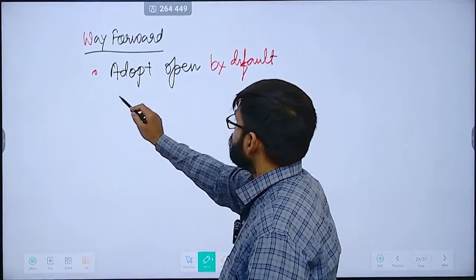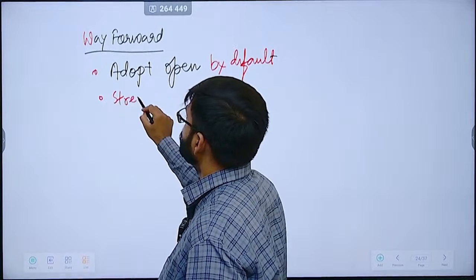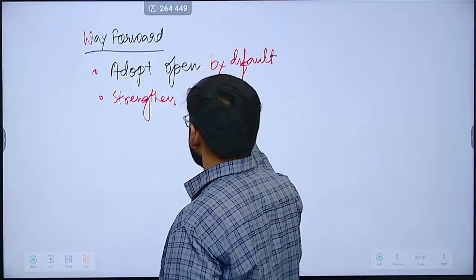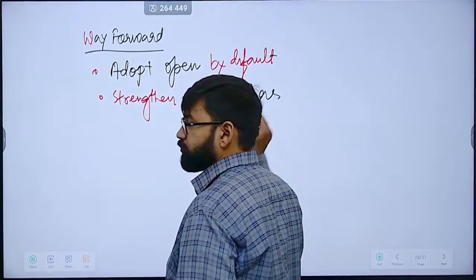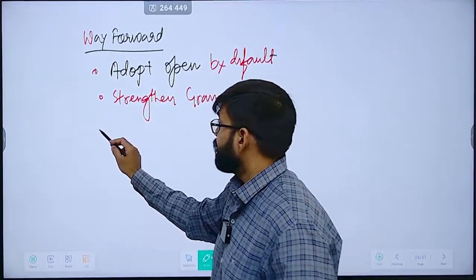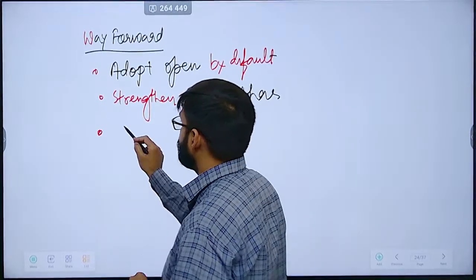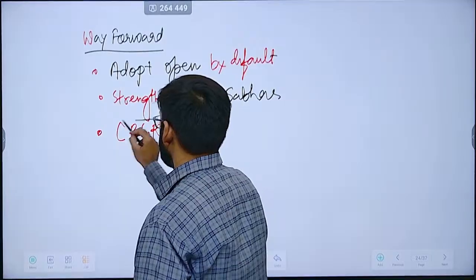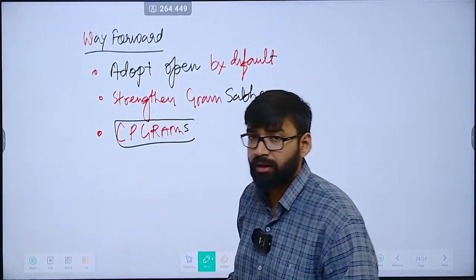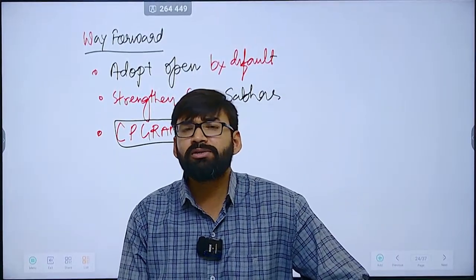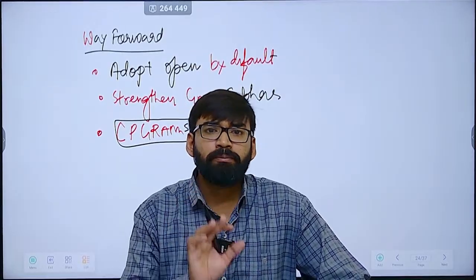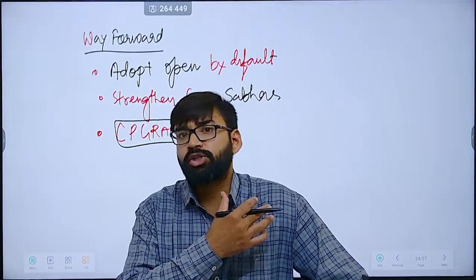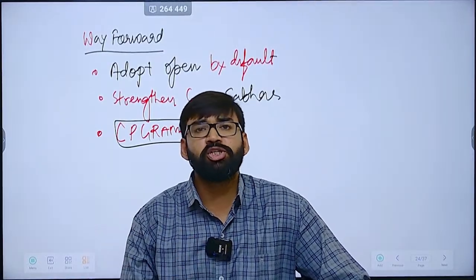Then second, you can mention strengthening Gram Sabhas. Then the most important thing which was there in the news, CPGRAMS. CPGRAMS is actually important. Why? You can improve CPGRAMS, and then you can disclose the stakeholder input which shaped decisions.